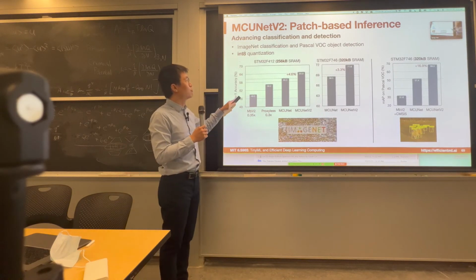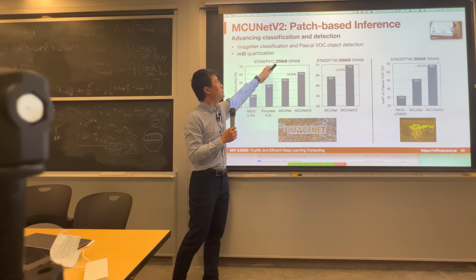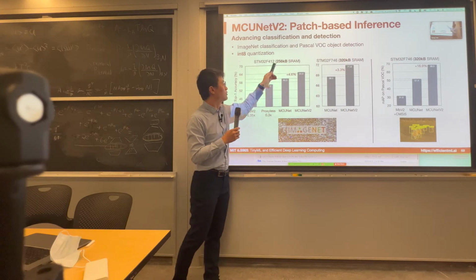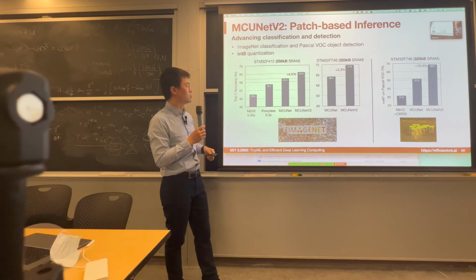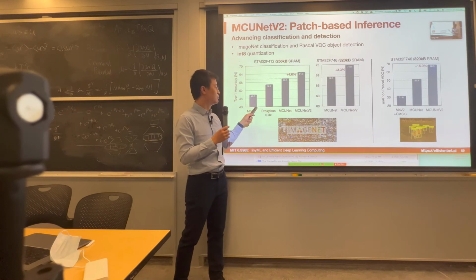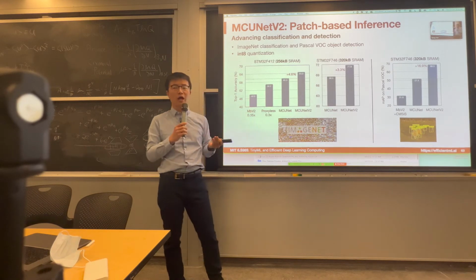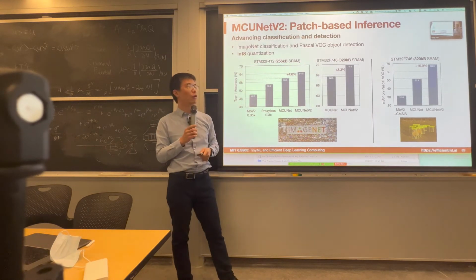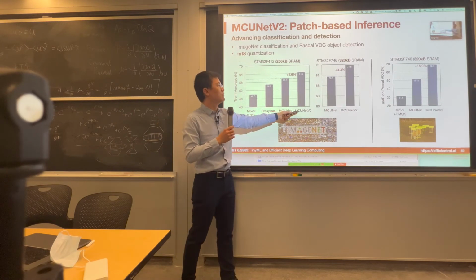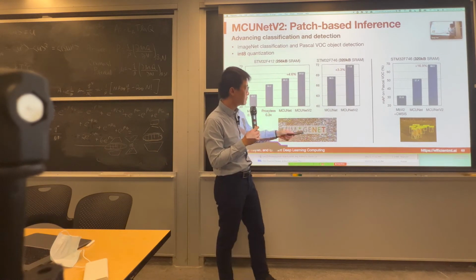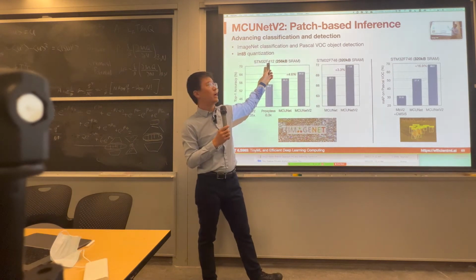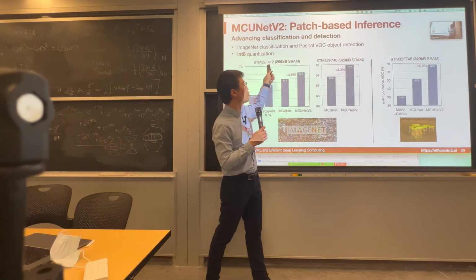And also, this is showing results on the STM32F412 microcontroller with 256 kilobytes of SRAM. The accuracy improves from MobileNetV2, which has only 49% top-1 accuracy, to about 64% top-1 accuracy with MCUNetV2. This is another constraint, a slightly better device. This is Cortex-M4.